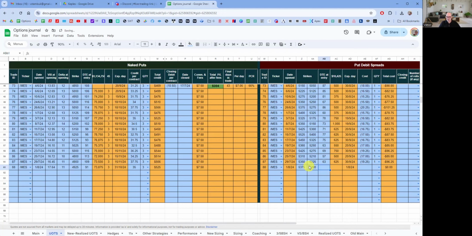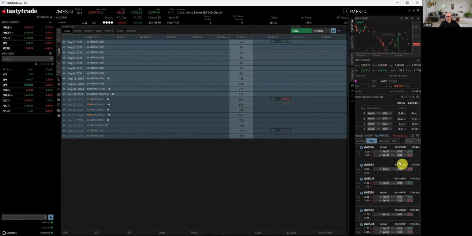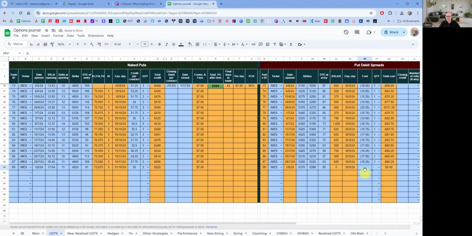And this was in 60 days, but we'll double check to make sure that's all correct. So September 30th, and then we paid 18.25. So minus 18.25 and September 30th. So that's all good. So that's now recorded.